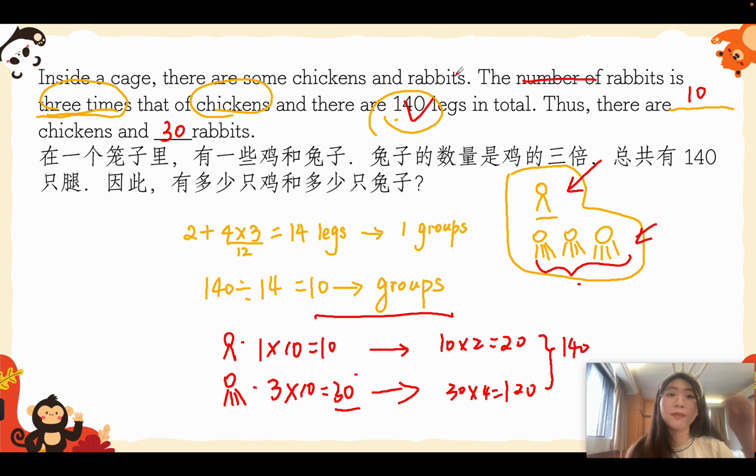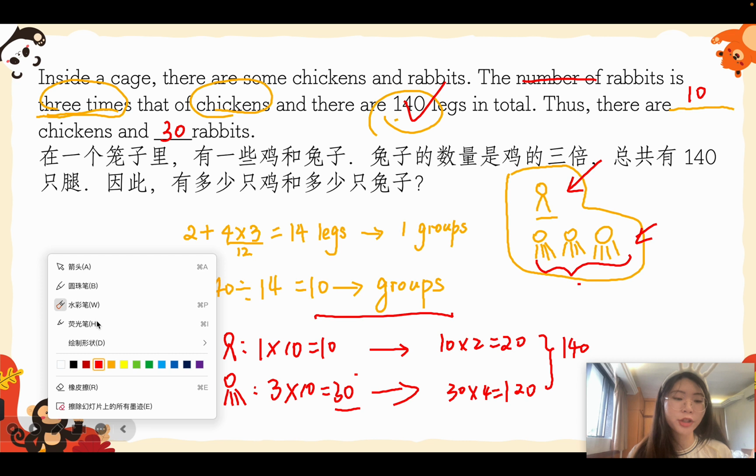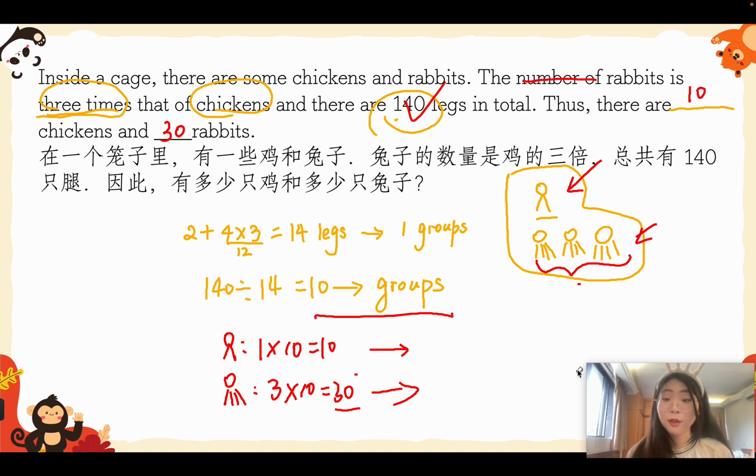So, yeah, it means your answer must be correct. Understand? And I need you to double check your answer on your draft paper, not on your exam paper, okay? That's all. So I think the word problem of rabbits and chickens is very easy, right?